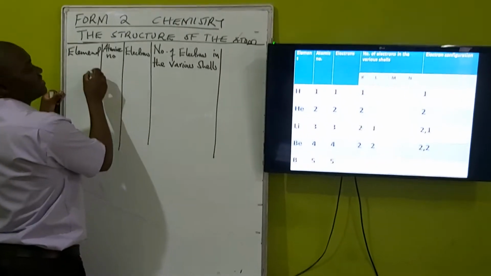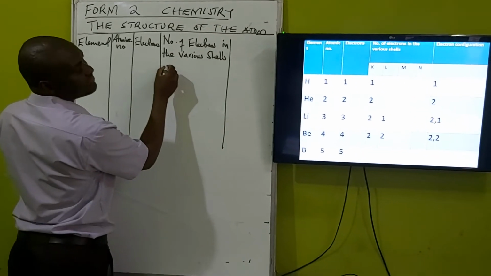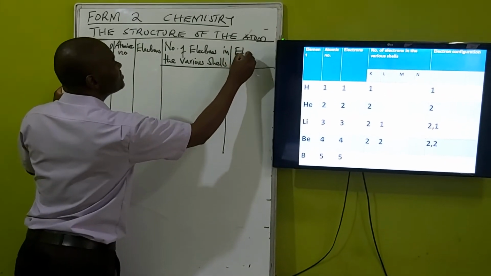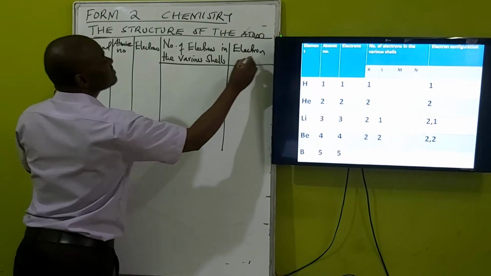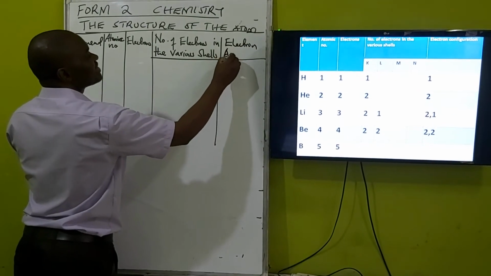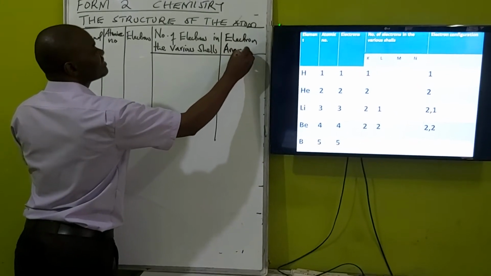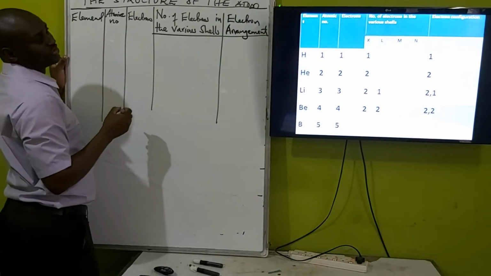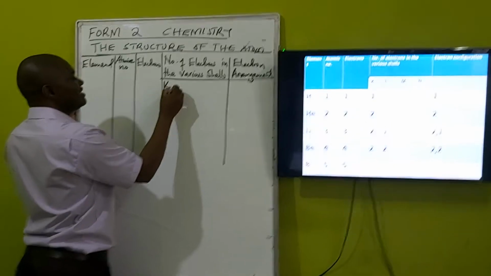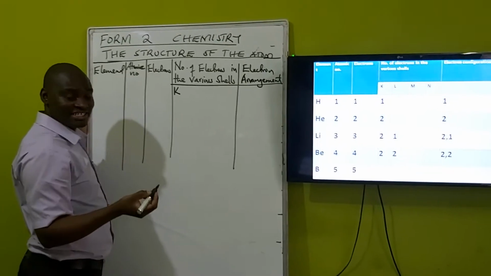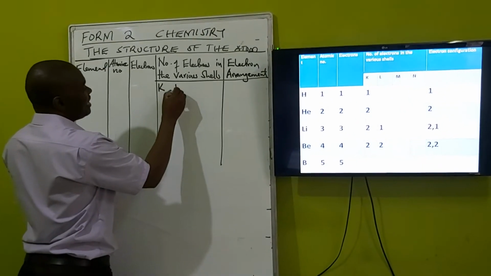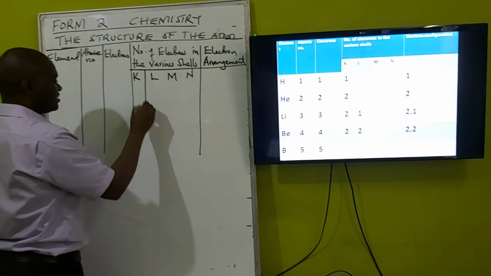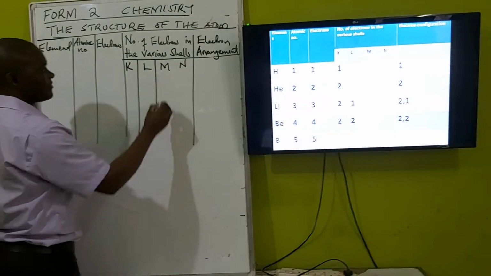Then I will have electron arrangements. So I will have K, you know what they mean, those are energy levels, L, M, N. I will have them like this.